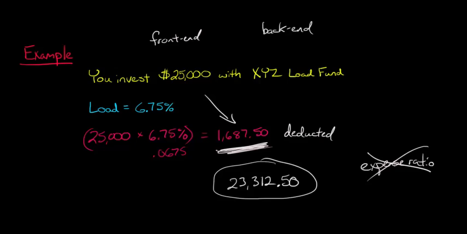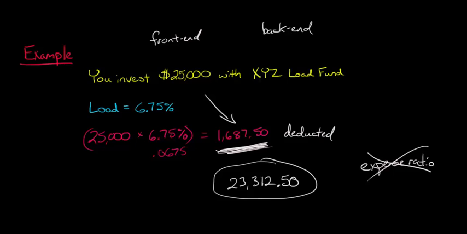This load is different. This is not the cost to have the manager manage the fund. This is simply a sales charge or commission that's paid to that broker or advisor, right? That's what that $1,687.50 is. And so right off the bat, you already lost money, is one way of thinking about it. I just want to make sure you understand that's separate.